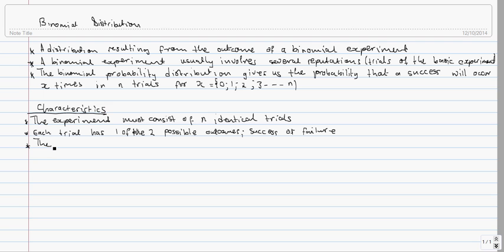The probability pi that the trial results in success remains the same from trial to trial.